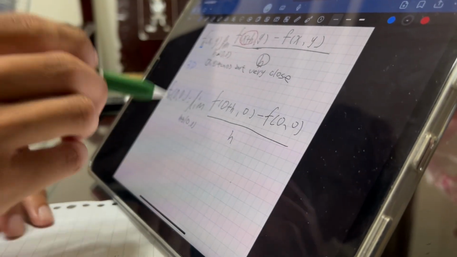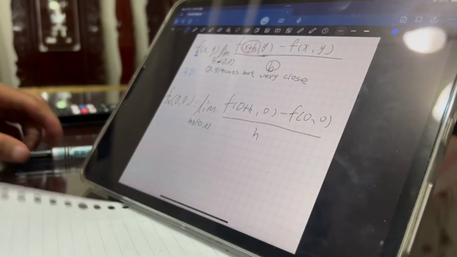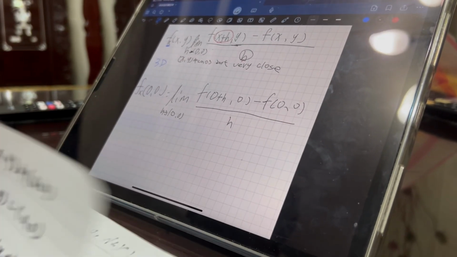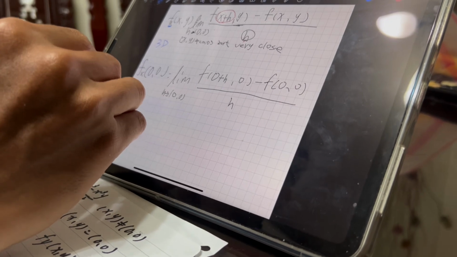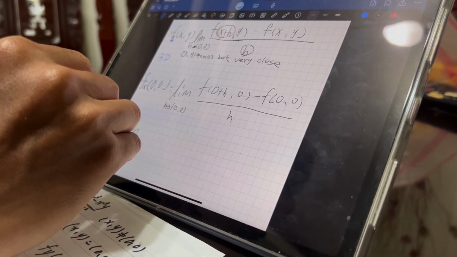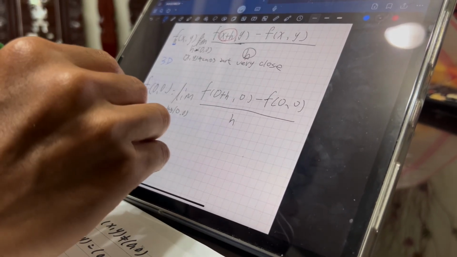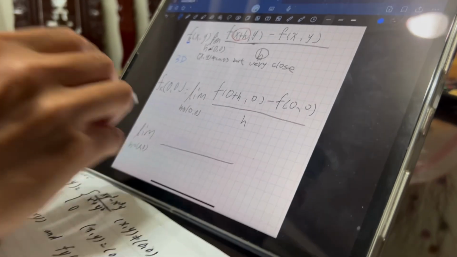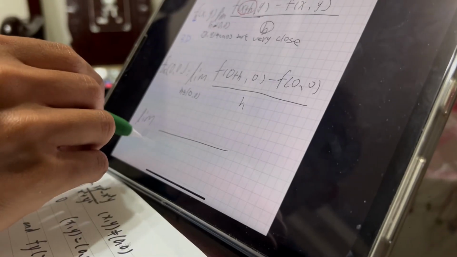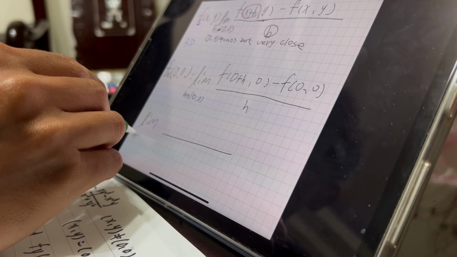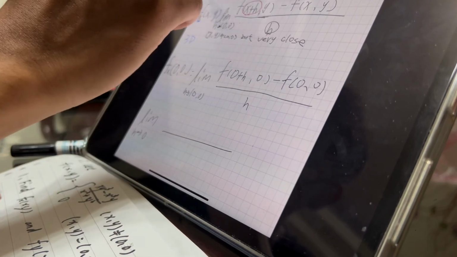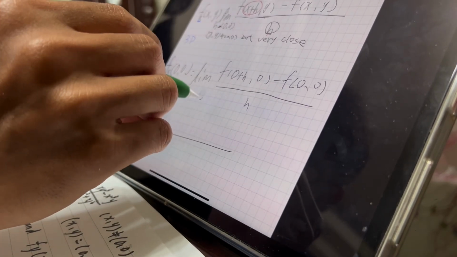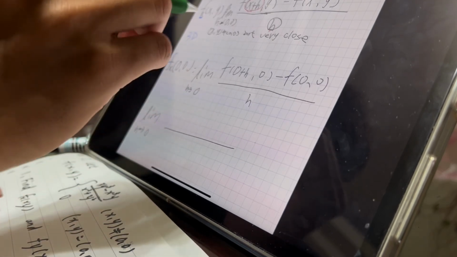So we have to calculate the limit as h close to 0. Sorry, my bad. I'm a newbie.